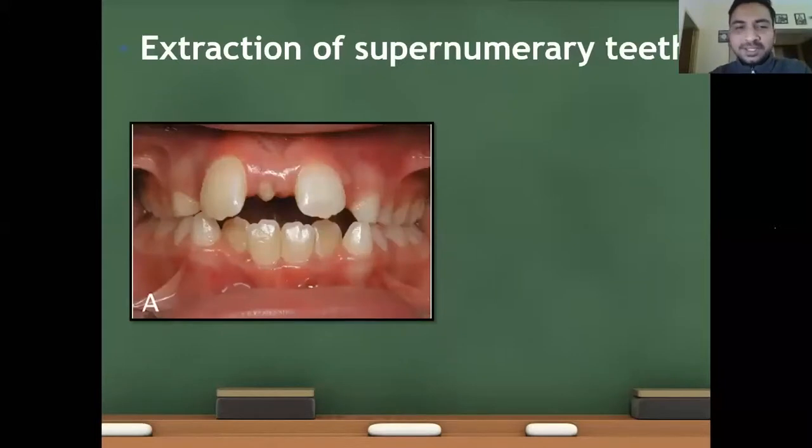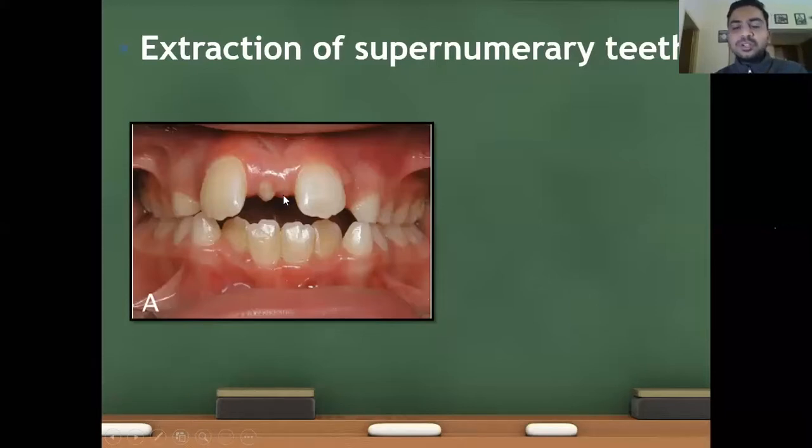The fourth thing as a part of preventive orthodontics is the extraction of the supernumerary teeth. As you can see in this example, there is a big gap or diastema between the two maxillary central incisors. And the cause is obvious here. It is due to an extra tooth. This is the supernumerary tooth.